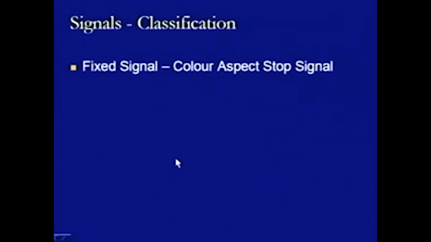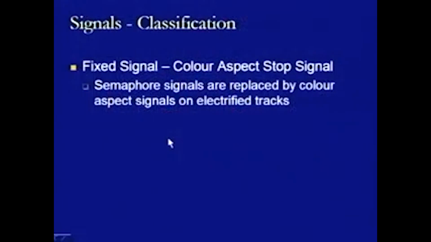So, what we have seen is about the semaphore signals, where we are provided with movable arms. Now, we will be looking at another category of signals, which is fixed in nature, but they are provided with color aspect conditions, that is they are provided with lights of different colors, and still they work as a stop signal. In this case the semaphore signals are replaced, that is the movable arms are replaced by color aspect signals which are provided on electrified tracks.